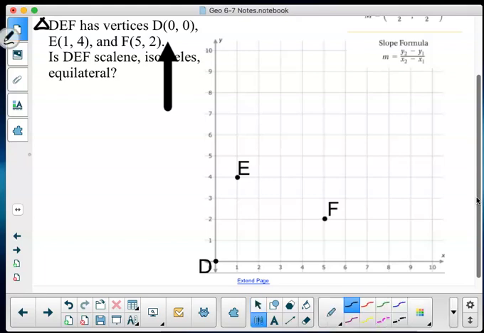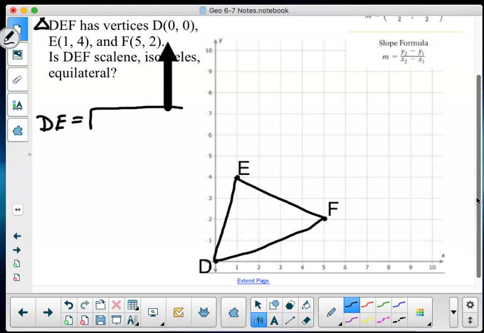Now, my job here is to find the lengths of each one of these segments. Okay, so I'm going to start out with DE. And again, I'm going to use that Pythagorean theorem shortcut. I'm going to pretend that this is a right triangle and that this is my hypotenuse. So I'm 1, 2, 3, 4, and 1. So I got 4 squared plus 1 squared.